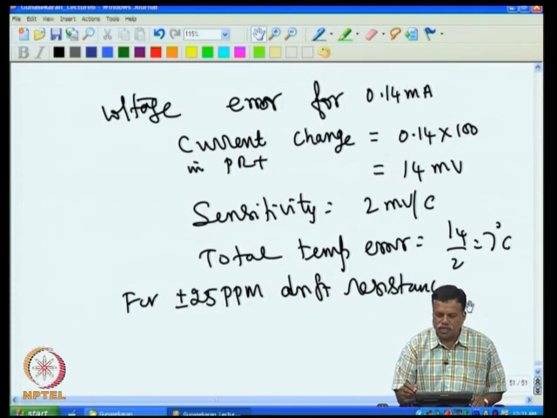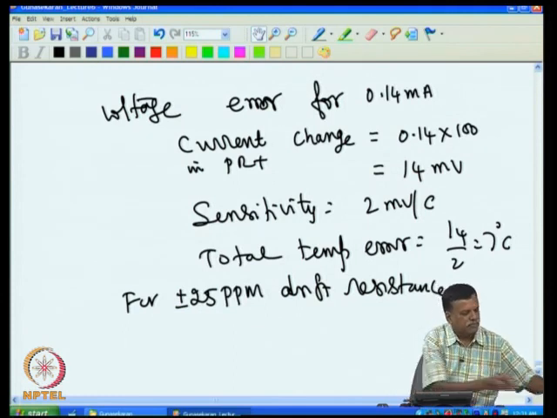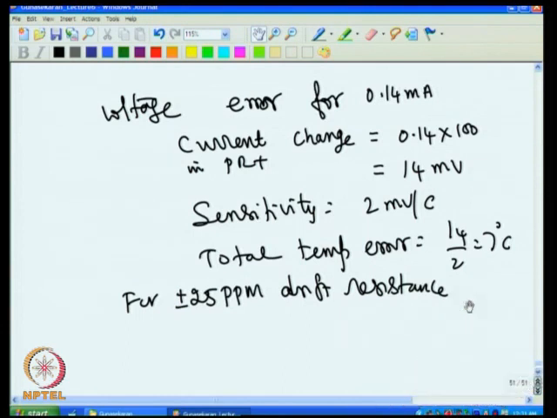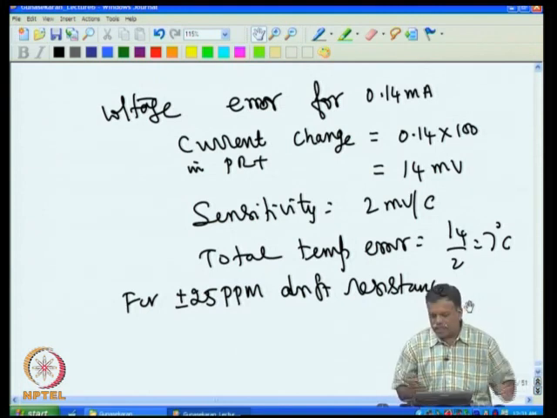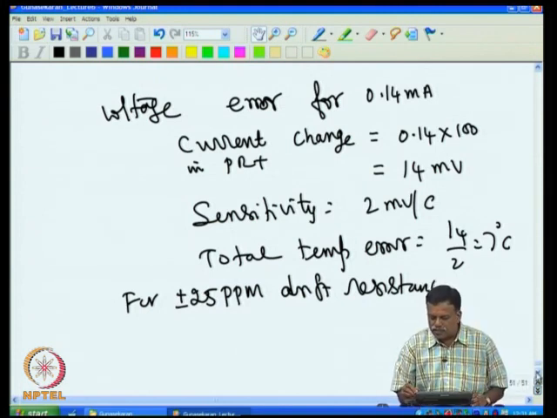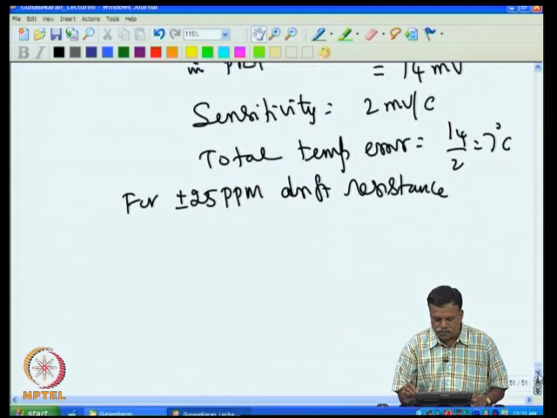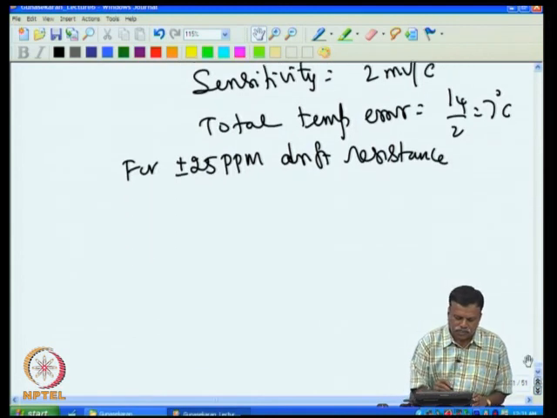Now there is one more error that we have to calculate, the offset voltage drift. We have to calculate the offset voltage drift error. So we will see what will be the error due to the offset voltage drift of the operational amplifier.